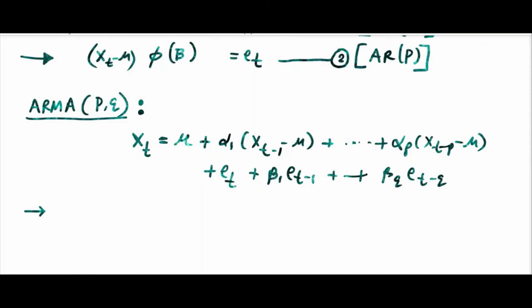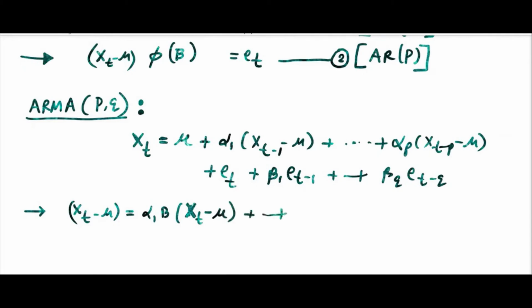Then you take mu to that side, Xt minus mu, and then we write alpha 1 B. You take B common. B is an operator, right? If you apply this operator to Xt, it will be Xt minus 1. Similarly, B mu will be equal to mu because it's a constant.